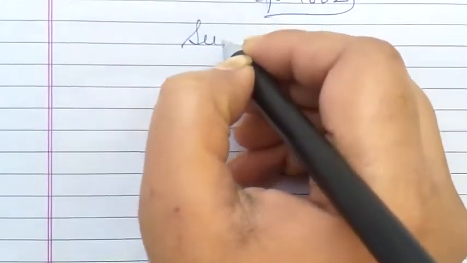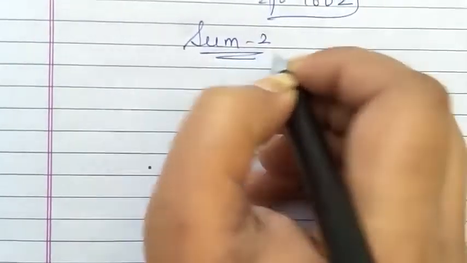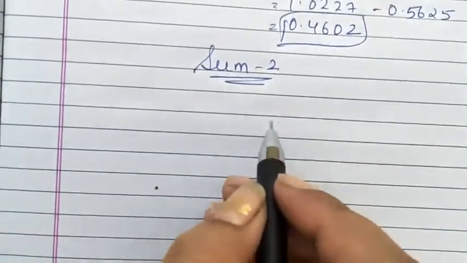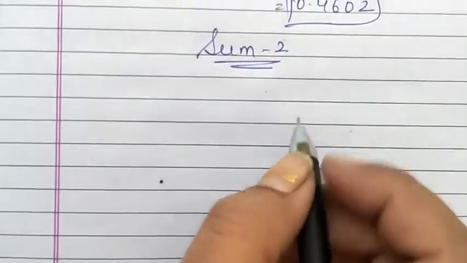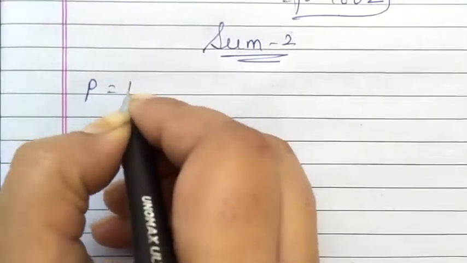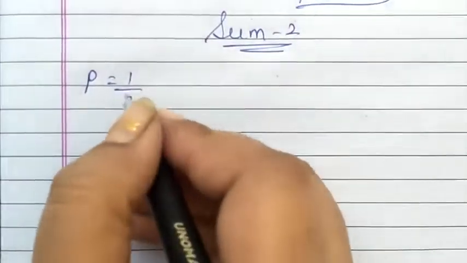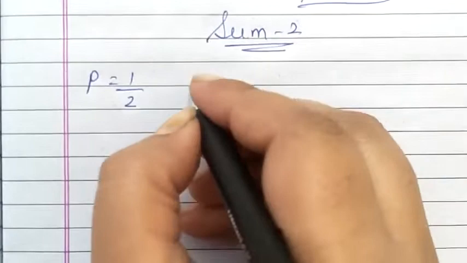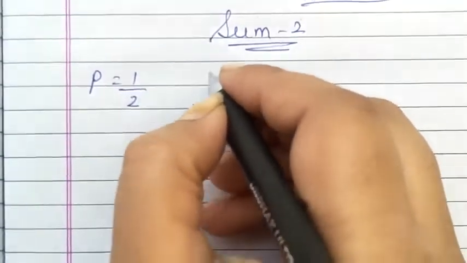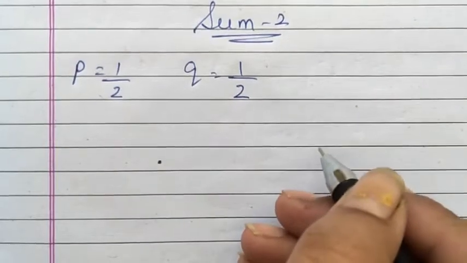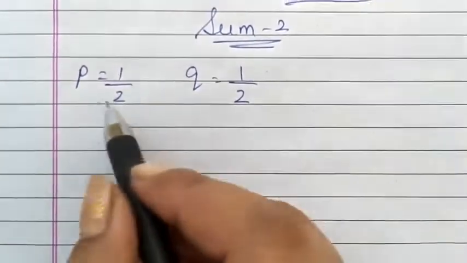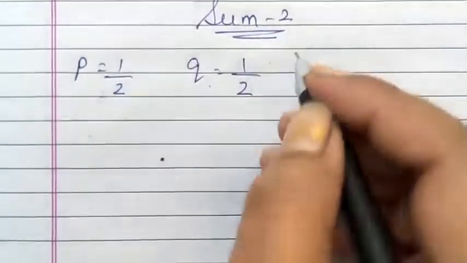Sum number 2. Now 50% of the students are having the habit of eating chocolates. So that means we can say our probability of success is P, that is P is equals to 1 upon 2. So Q will also be 1 upon 2, 1 minus 1 upon 2, that gives us 1 upon 2. So the value of P and Q are same.